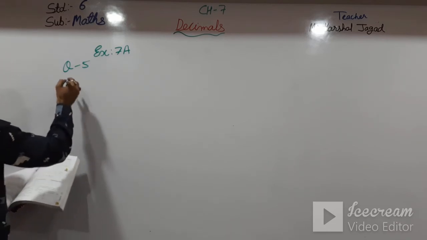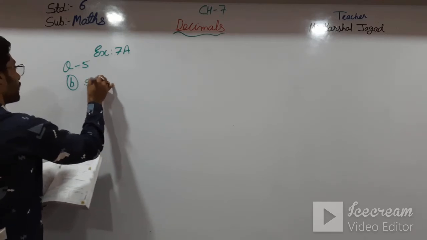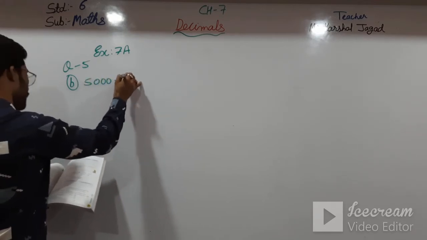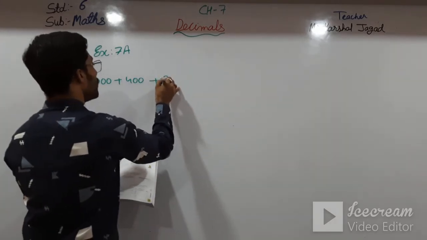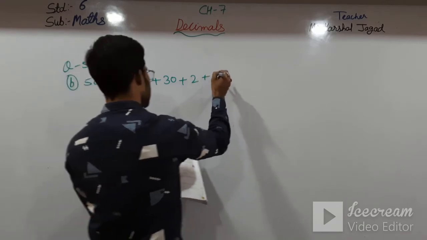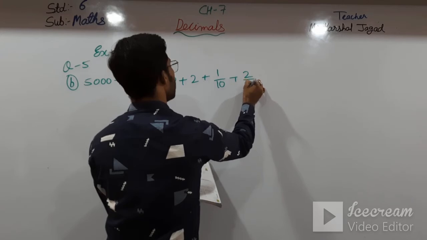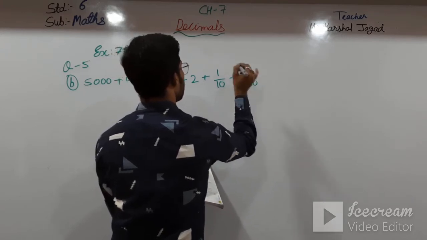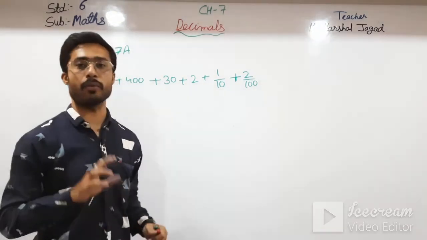For that I am doing B for you, that is 5000 plus 400 plus 30 plus 2 plus 1 by 10 plus 2 by 100. This is the expanded form in fractions, and we have to convert this into decimal.